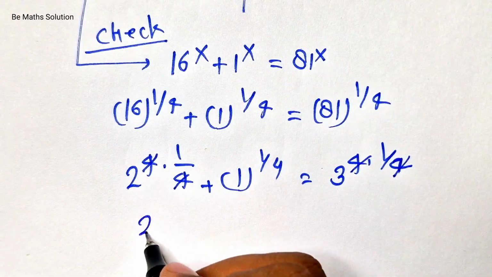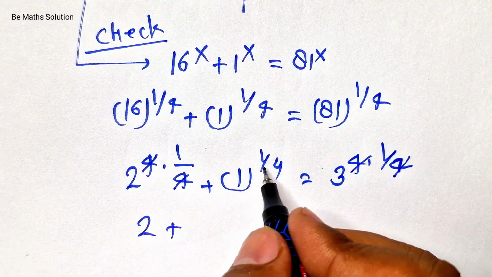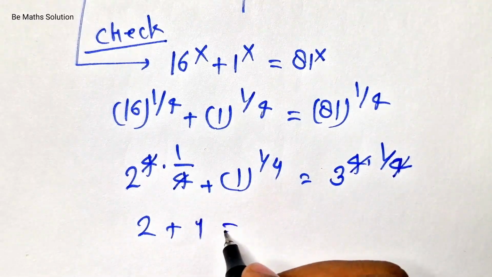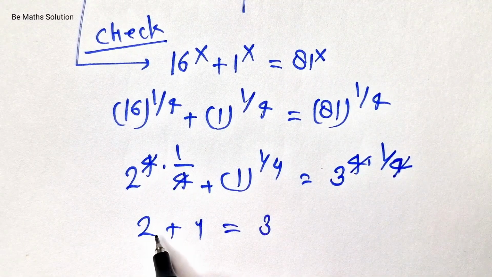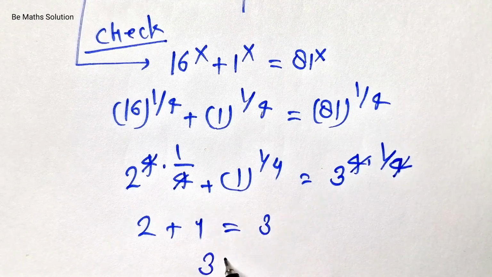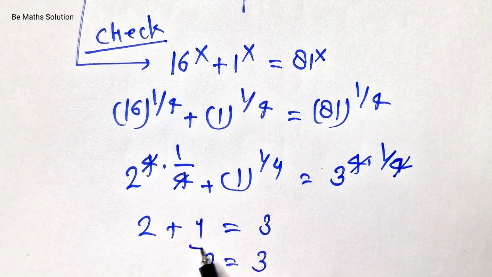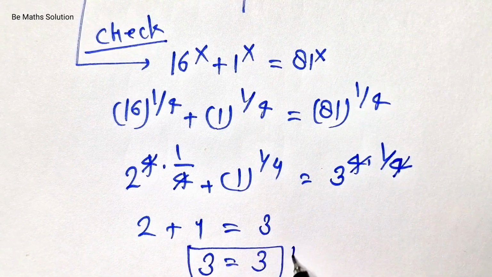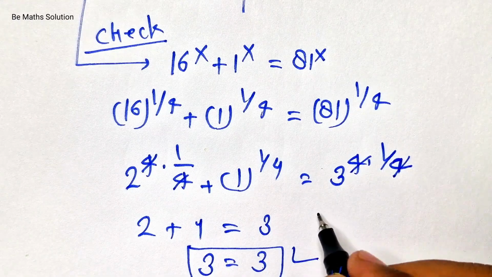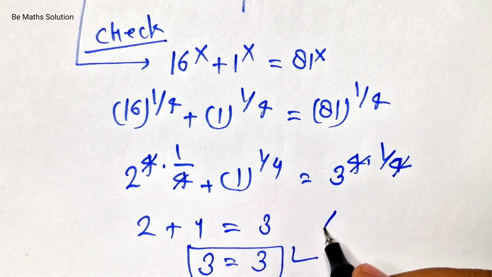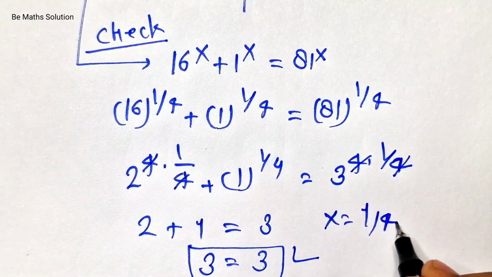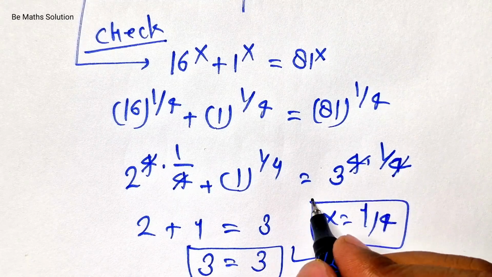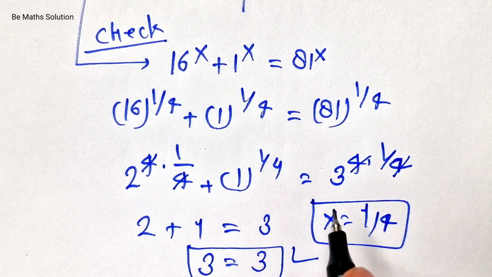So it will be 2 plus 1 to the power 1 over 4, which is 1, is equal to 3. 2 plus 1 is 3, equal to 3. So the left hand side and the right hand side are equal. Therefore x is equal to 1 over 4 is our final answer to this problem.